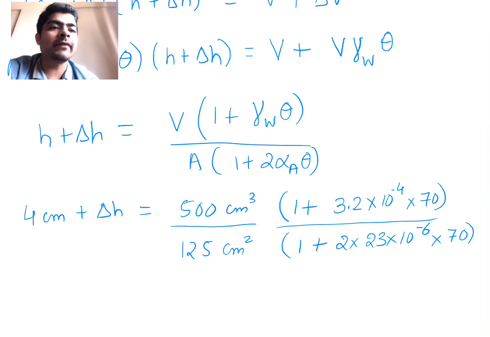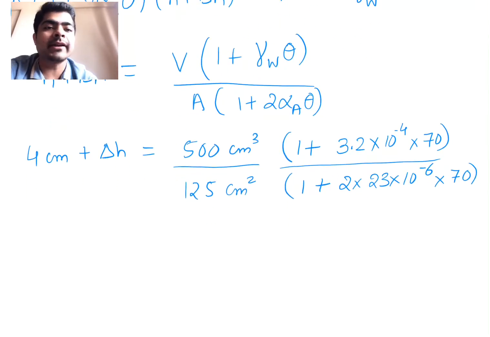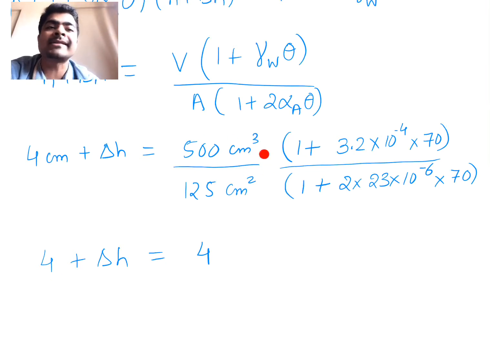When you simplify this, you will get 4 plus delta H is equal to 500 by 125, which gives you 4. Here we have everything in centimeter, so centimeter cube by centimeter square gives you 4 centimeter.